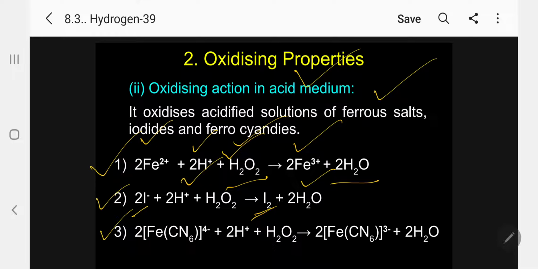And finally, ferrocyanide, this is here 4 minus.